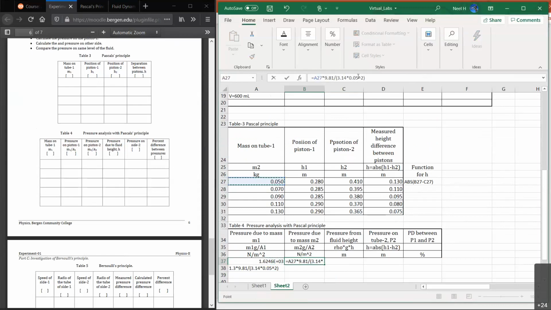And then the radius on tube number 2 is actually 20 millimeters. So that will do the calculation automatically. And pressure due to height is actually rho gh, equal sign. Rho is 1000, right? This is water, times g is 9.81, times height h is actually this last cell right here. Just click on that. That will do the calculation automatically for you.